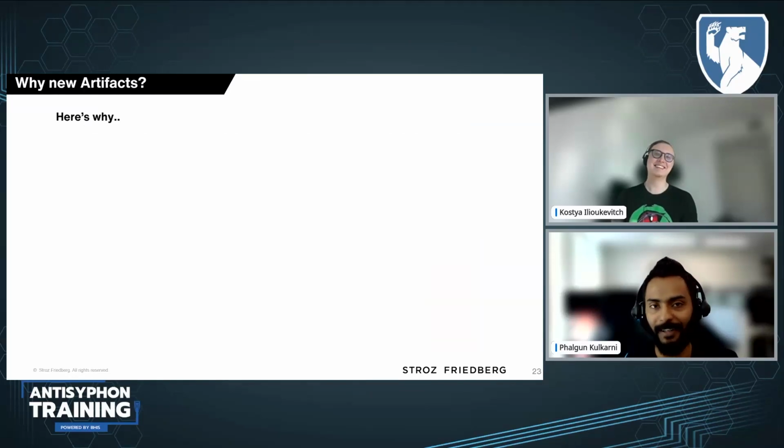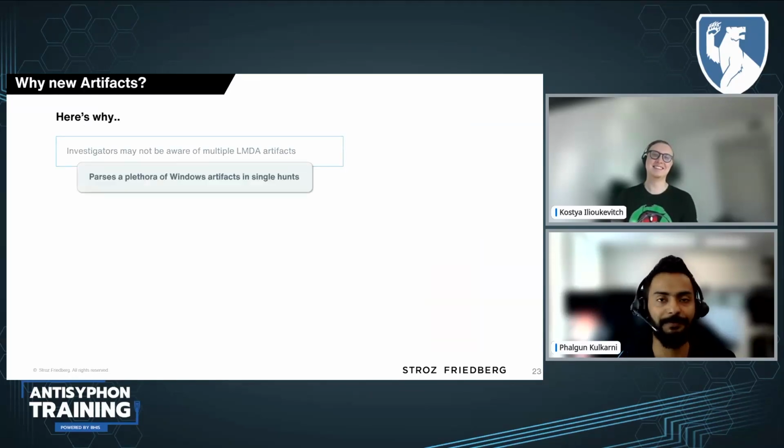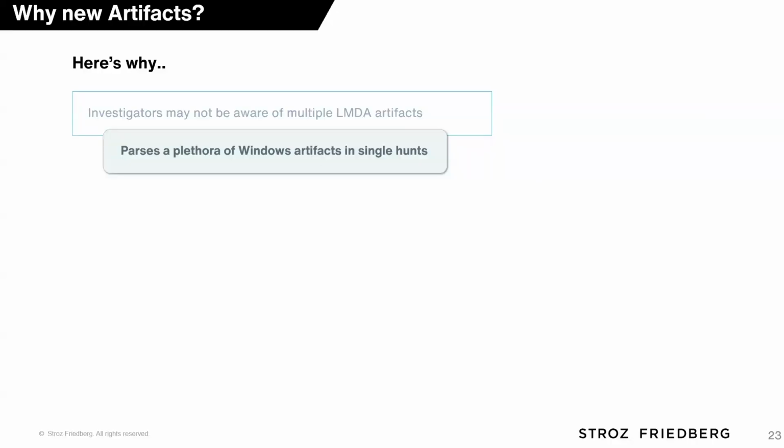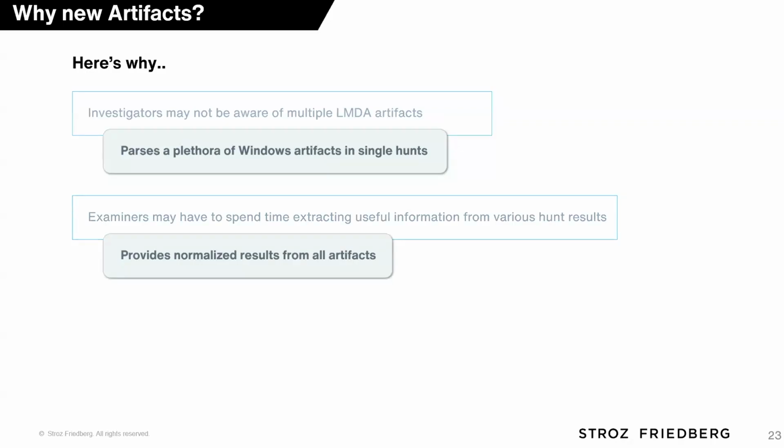All right, so here's why we built Lambda. As discussed before, it parses a plethora of Windows forensic artifacts into one single place, so you do not need to search for various artifacts; it's already done for you. Secondly, it provides results in a normalized format. Again, you do not need to spend time extracting the most useful information from the thousands of artifacts there are.